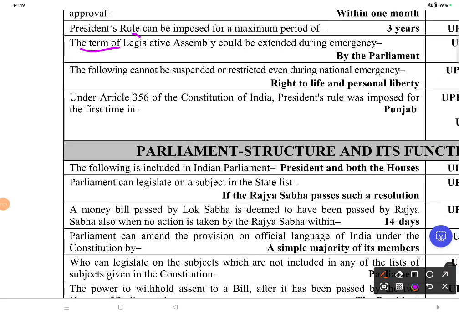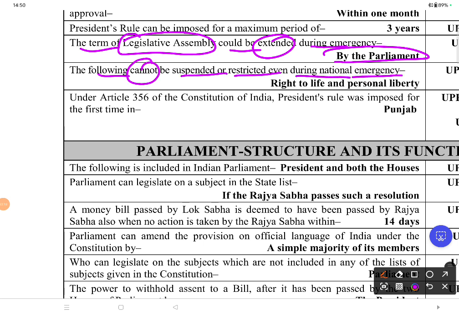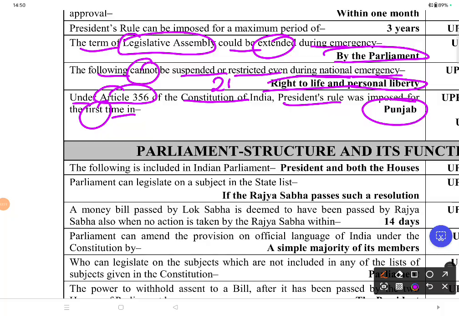The term of the Legislative Assembly can be extended during emergency by Parliament. The following cannot be suspended or restricted even during national emergency: right to life and personal liberty, that is Article 21. Under Article 356 of the Constitution of India, President's rule was imposed for the first time in Punjab.